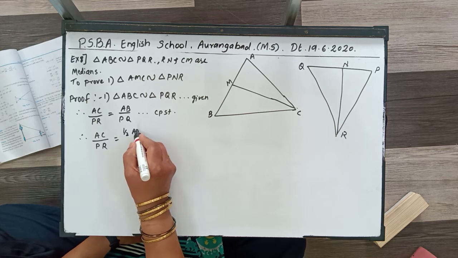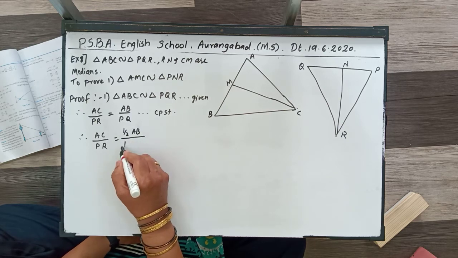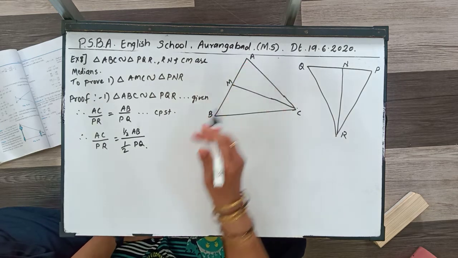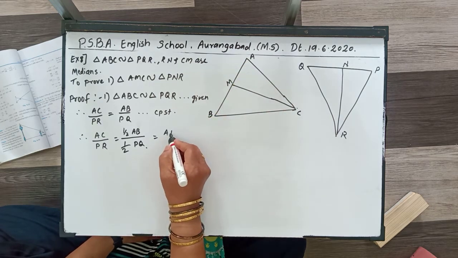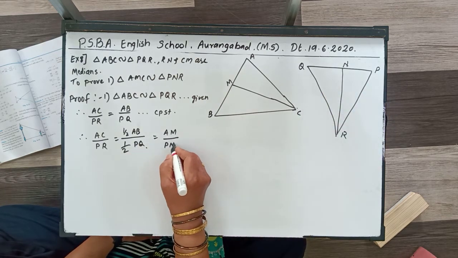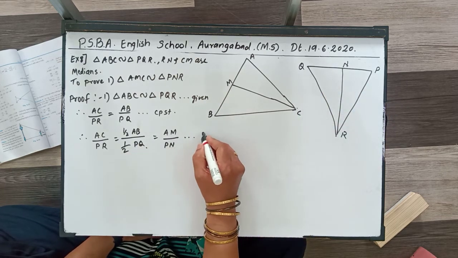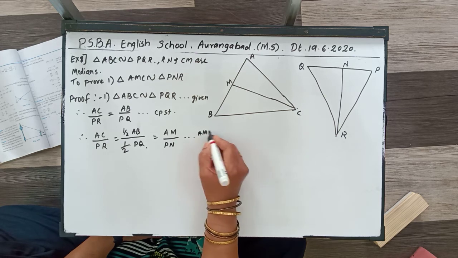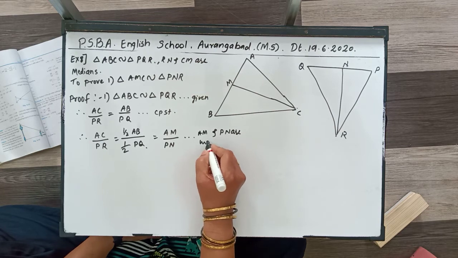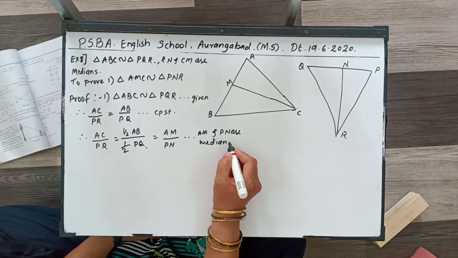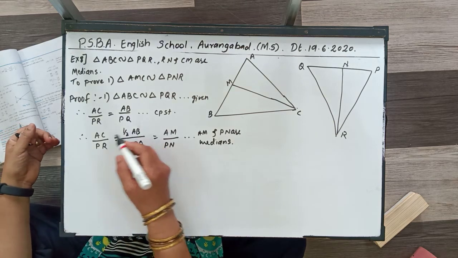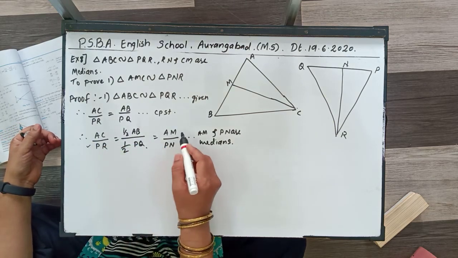I will be writing half AB upon half PQ. Now half AB is nothing but AM and half PQ is PN. AM and PN are medians, we can write. Because they are medians, we can take them as midpoints. Correct? So we got the first side, second side.